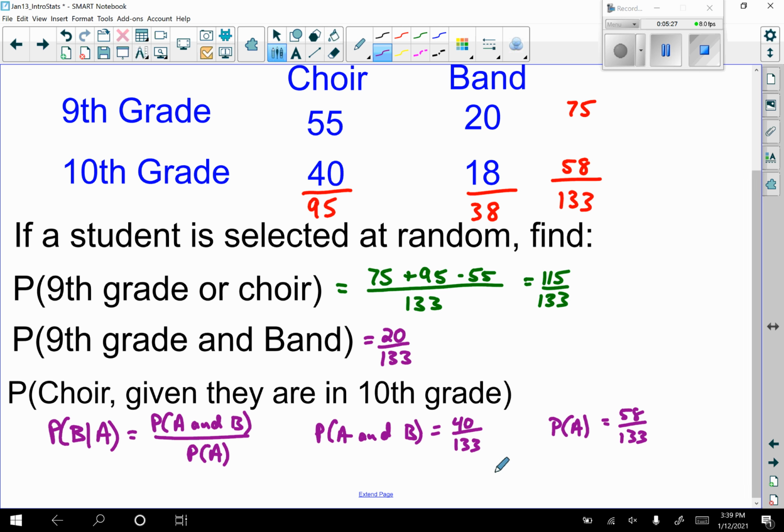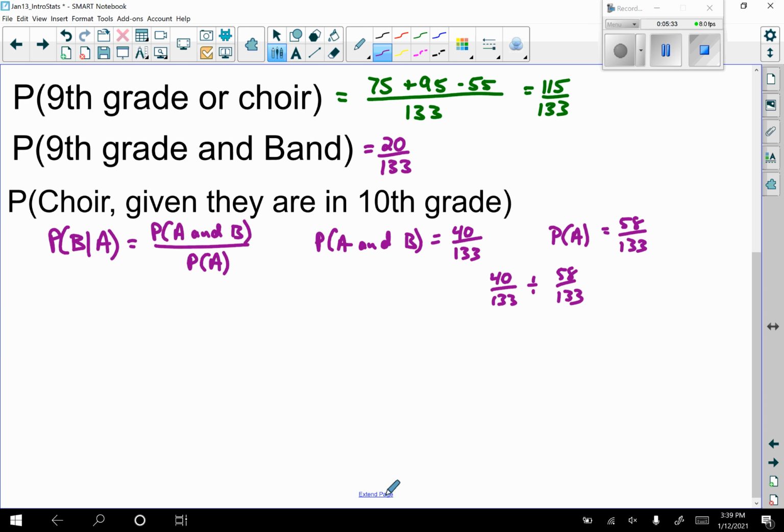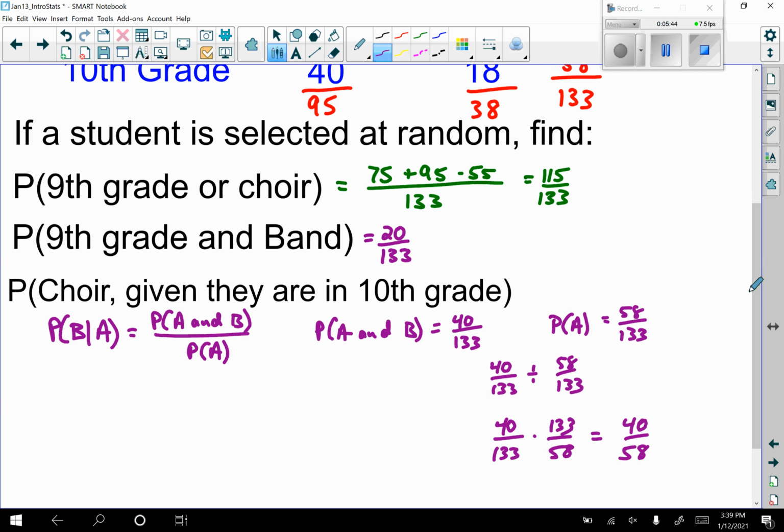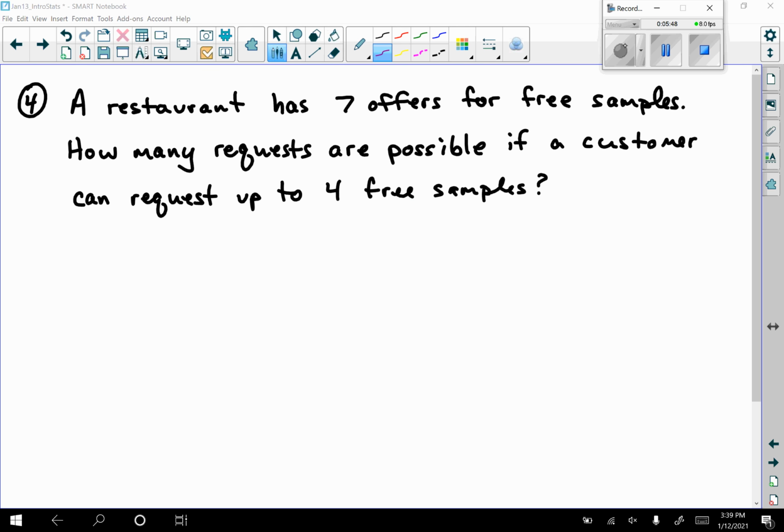And then we divide these. So this is 40 out of 133 divided by 58 out of 133, which becomes 40 out of 133 times 133 out of 58, which still gives us 40 out of 58. So there's a couple ways to think of conditional probability. All right, pause the video again, copy this problem down and give it a try.